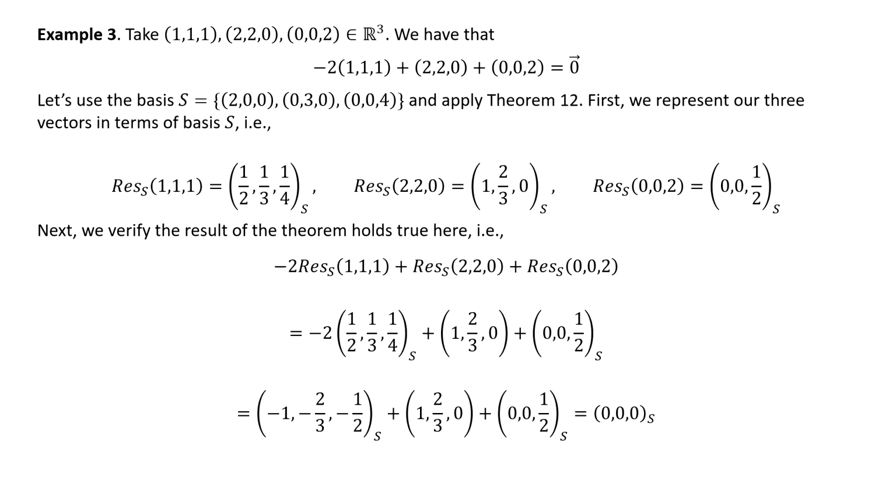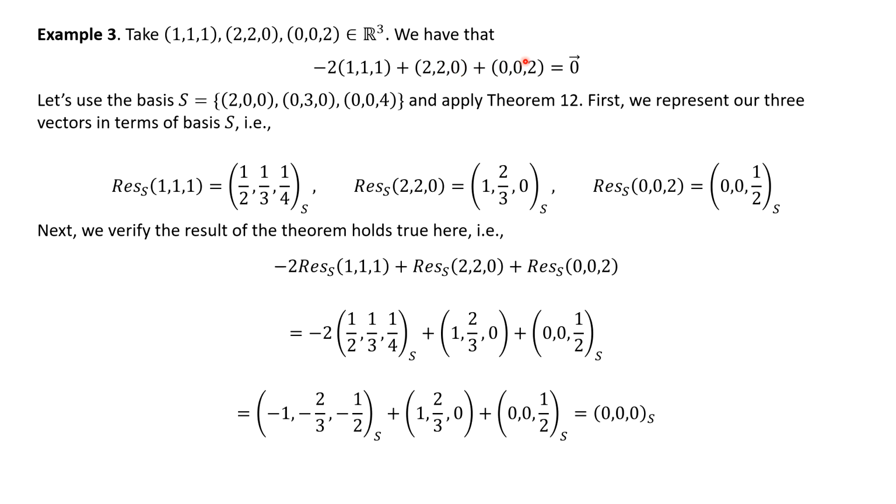Let's look at an example of our theorem from the previous slide. We can take three vectors in R3, (1, 1, 1), (2, 2, 0), (0, 0, 2), and if we add them together using the coefficients minus 2, 1, and 1, we get 0. You notice we get a minus 2 from this first component, then a plus 2, and that gives us a 0. Then minus 2 and 2 again, we get 0. And then for the last one, we get minus 2.